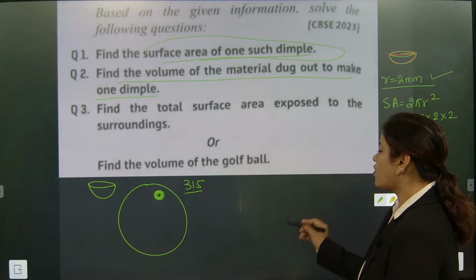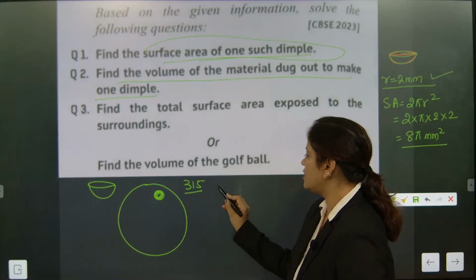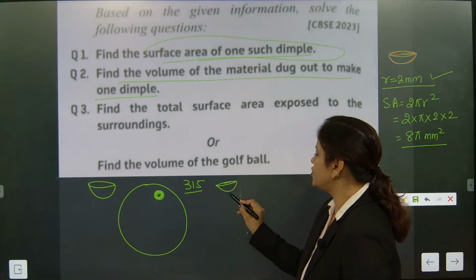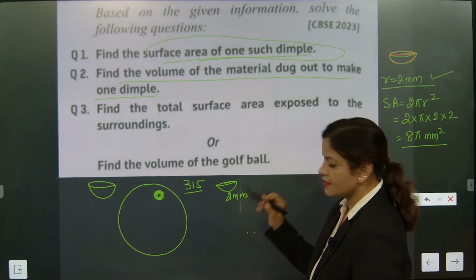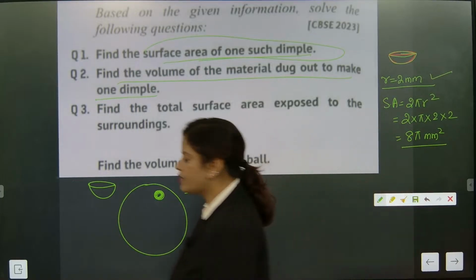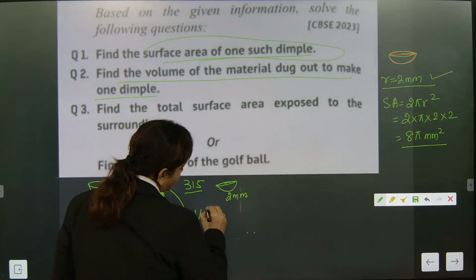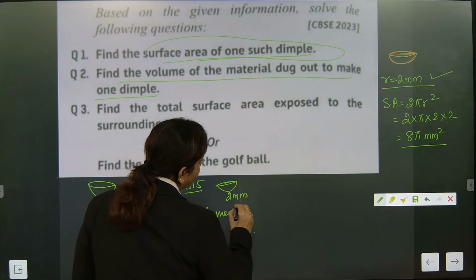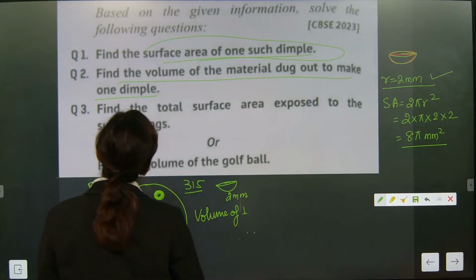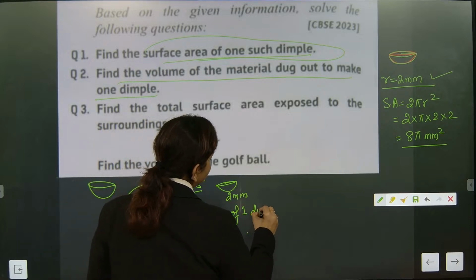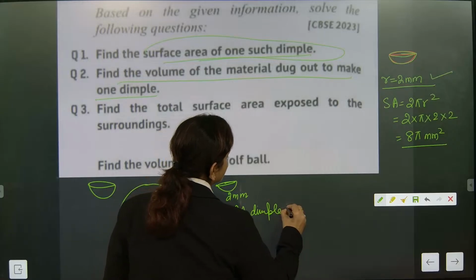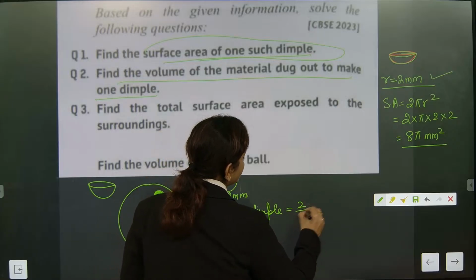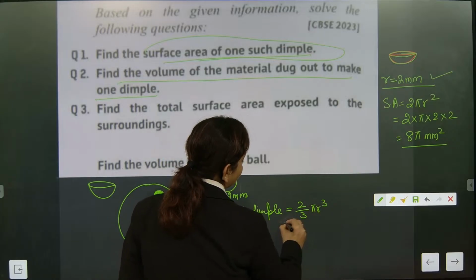So this dimple radius is 2 mm. Understood? So volume will be what? Volume of one dimple is equal to 2 by 3 pi r cube.